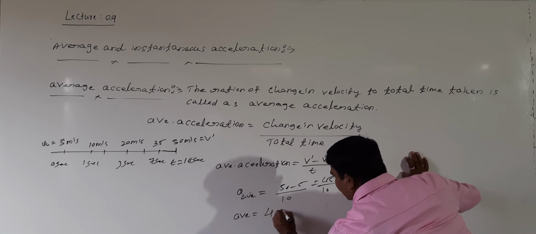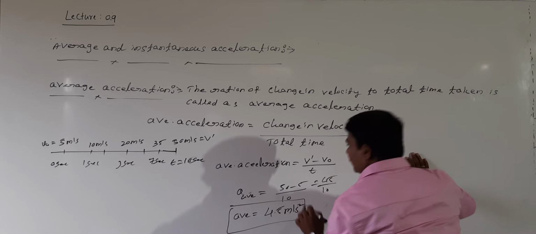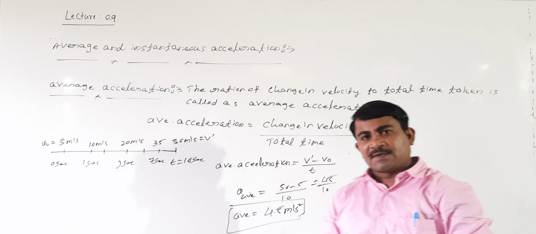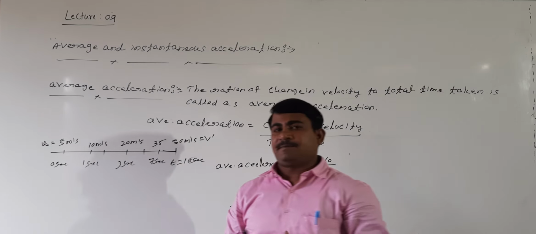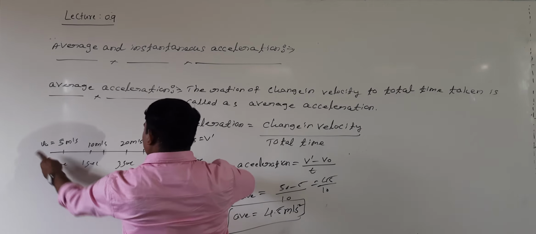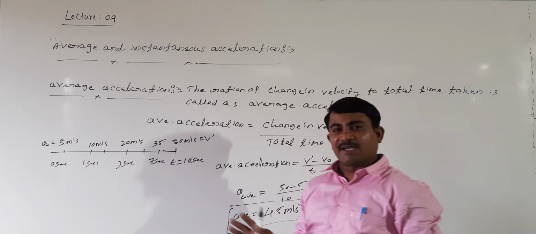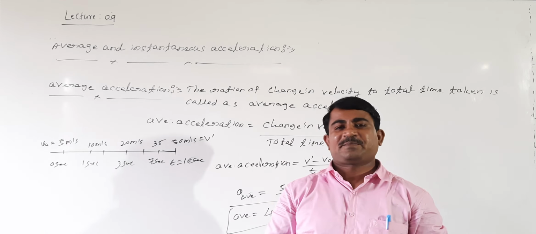Average acceleration is equal to 4.5 meters per second squared. Simply, average acceleration means total change in velocity divided by total time taken. By taking that, you can directly find the average acceleration.